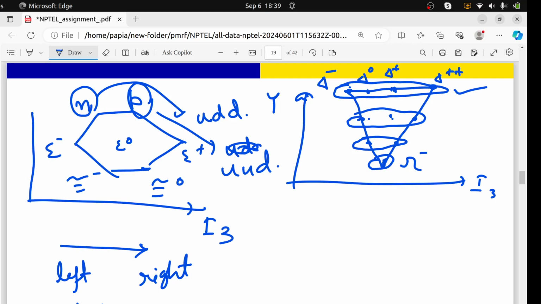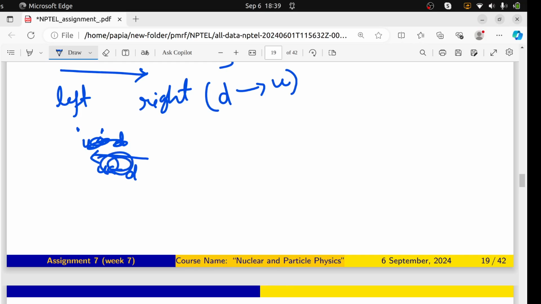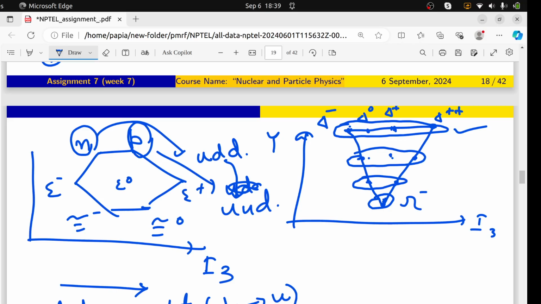It means that in that family, if I am going from left to right, one D is replaced by U. And if I go from right to left, then U is replaced by D. You can see here, this is UUD. So from UUD to UDD, what is the change? U is replaced by D. Similarly for this case also.